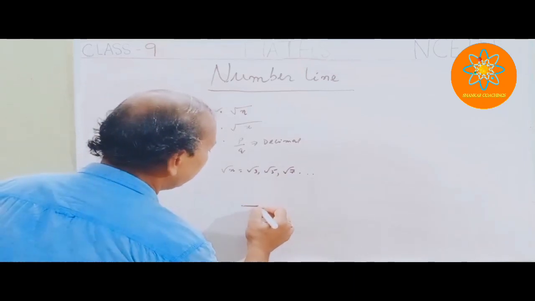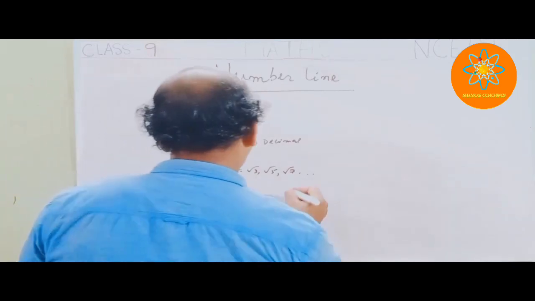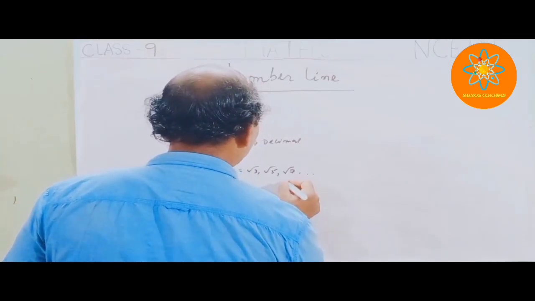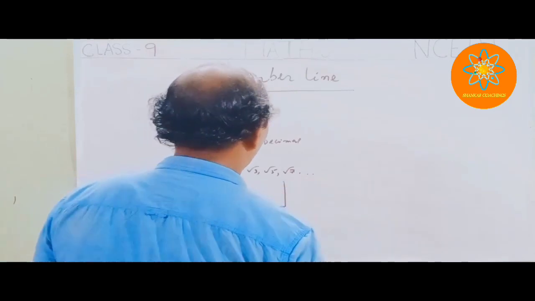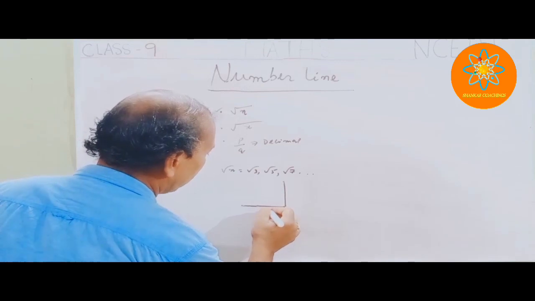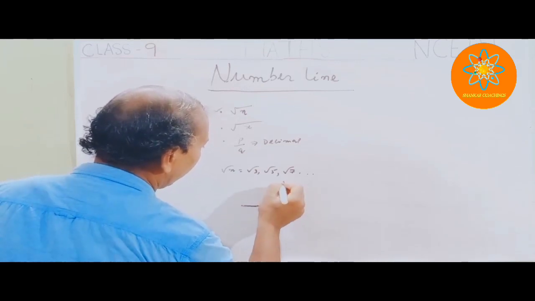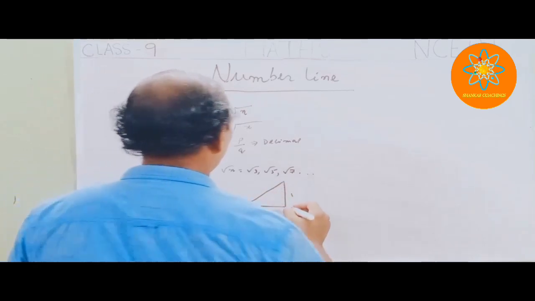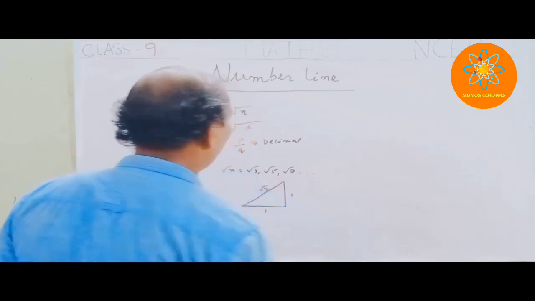Then on this one unit line, we draw another unit line in this way. This is 1 unit, this is also 1 unit. So the value here will be root 2.